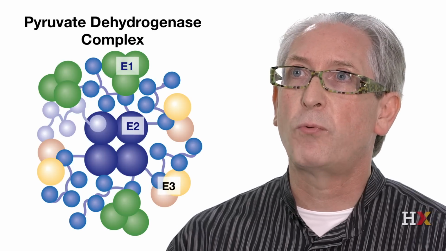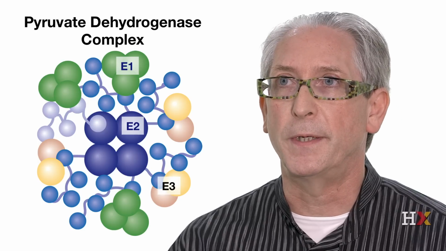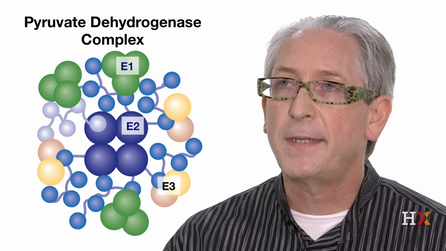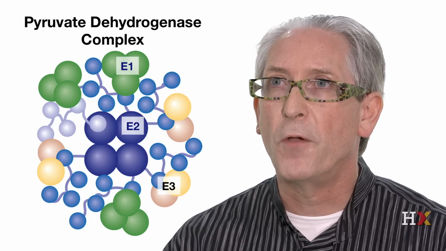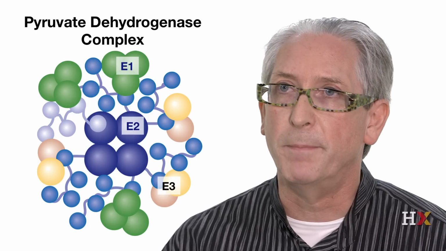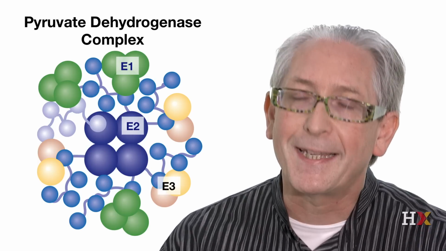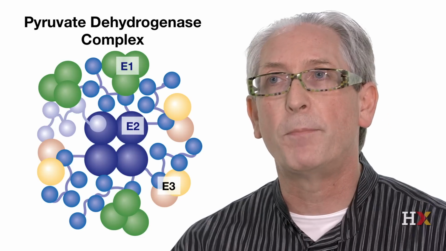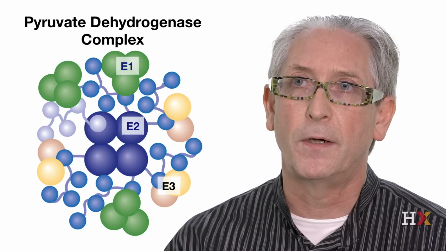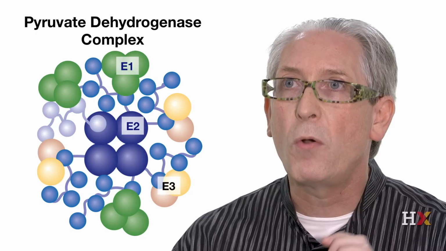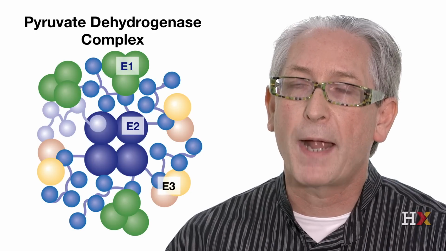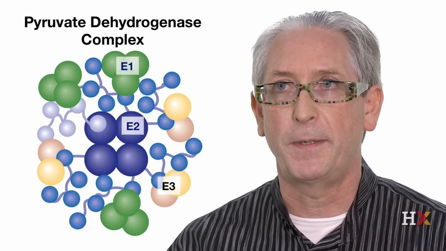Each one of these 24 E2 subunits is divided into 3 domains: a flexible lipoamide domain, a transacetylase domain, which is responsible for the catalytic activity of the enzyme, and a small domain allowing interactions between E2 and E3.